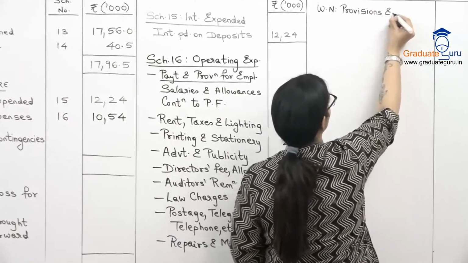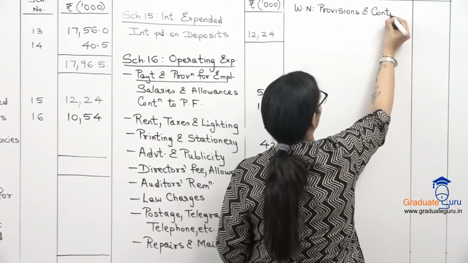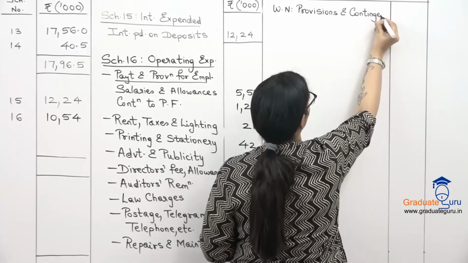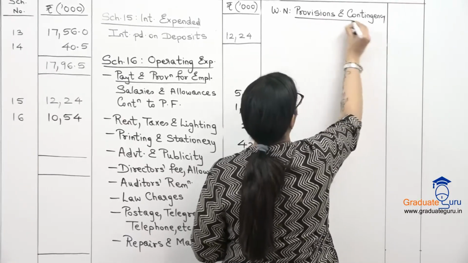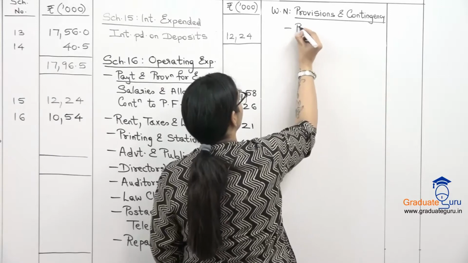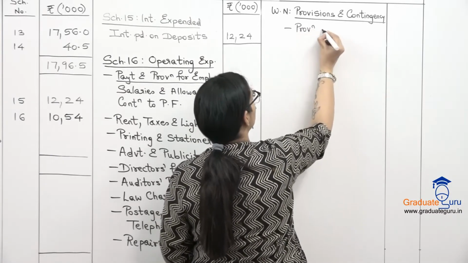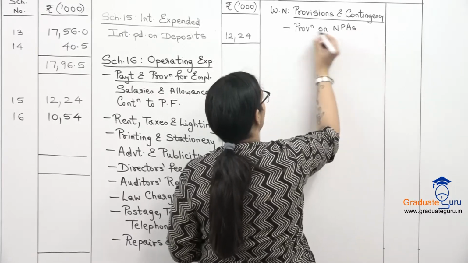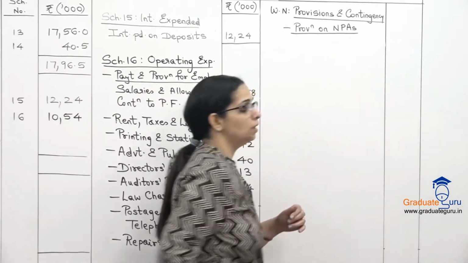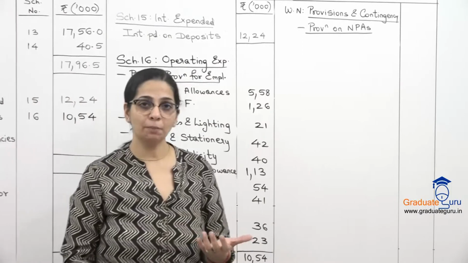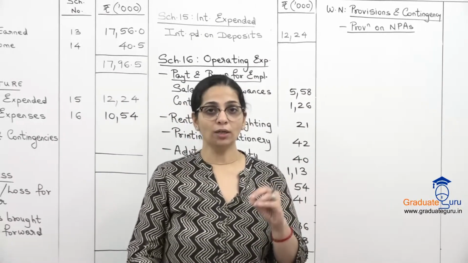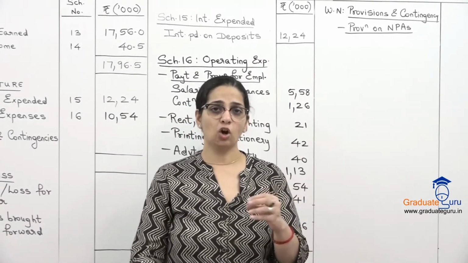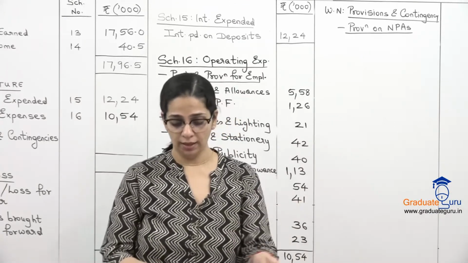Provisions and contingencies, which will include our provision on NPA. So here we have to do our calculation for provisions on NPAs. So जैसे हमने NPA के sum में किया है, we'll see what type of asset it is and accordingly we'll use the correct rate.